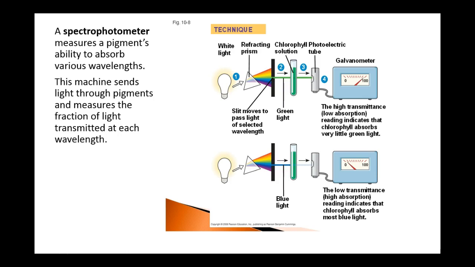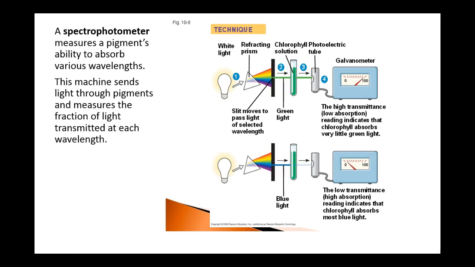It measures the pigment's ability to absorb various wavelengths, and you get a readout number. This machine, the spectrophotometer, sends a light through a pigment and measures the fraction of the light that's transmitted at each wavelength.